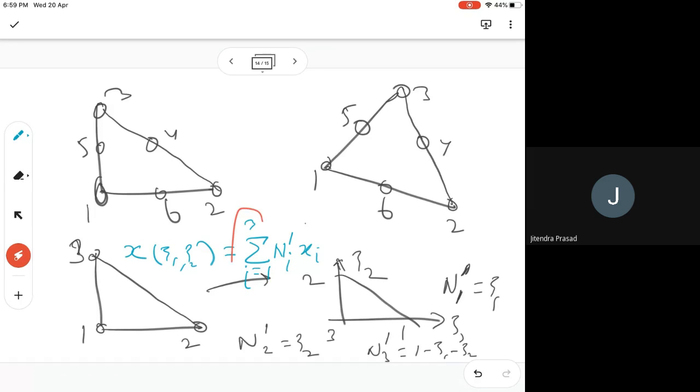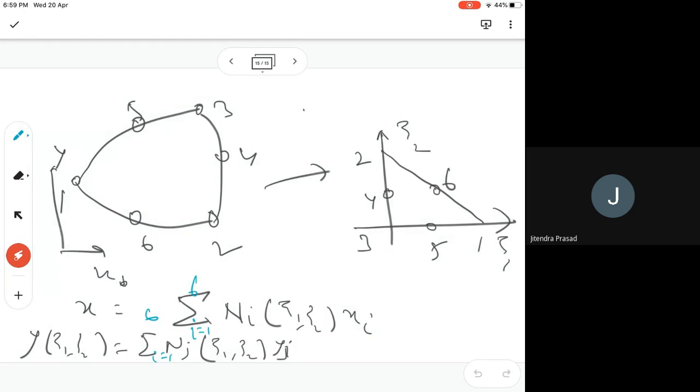So here summation will be for 3 only, but our N is different, our N dash. So we are using the original 3-noded shape function to define x, in contrast to a general formulation where you can use all the 6 nodes to formulate this.